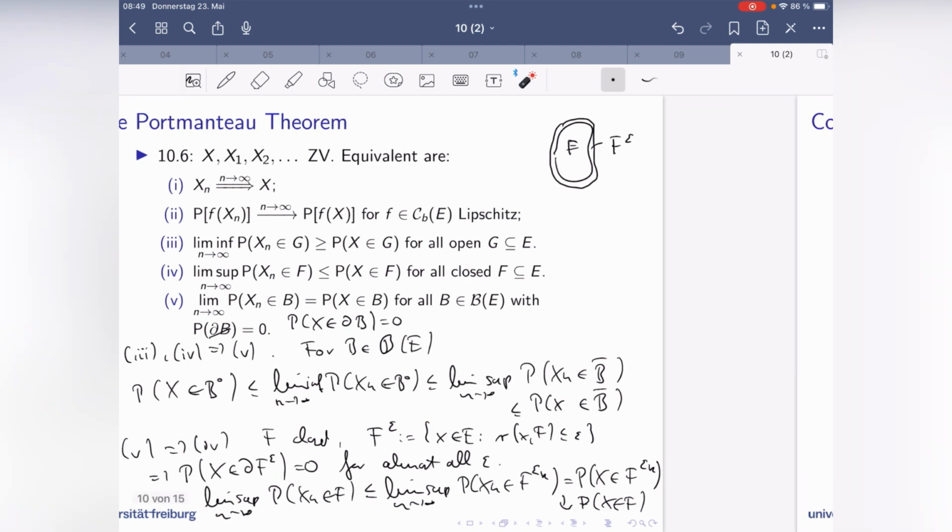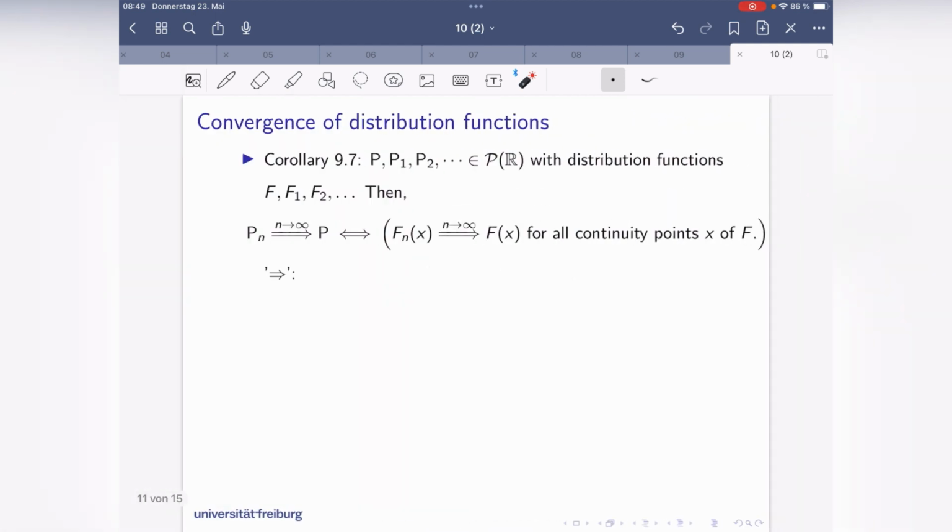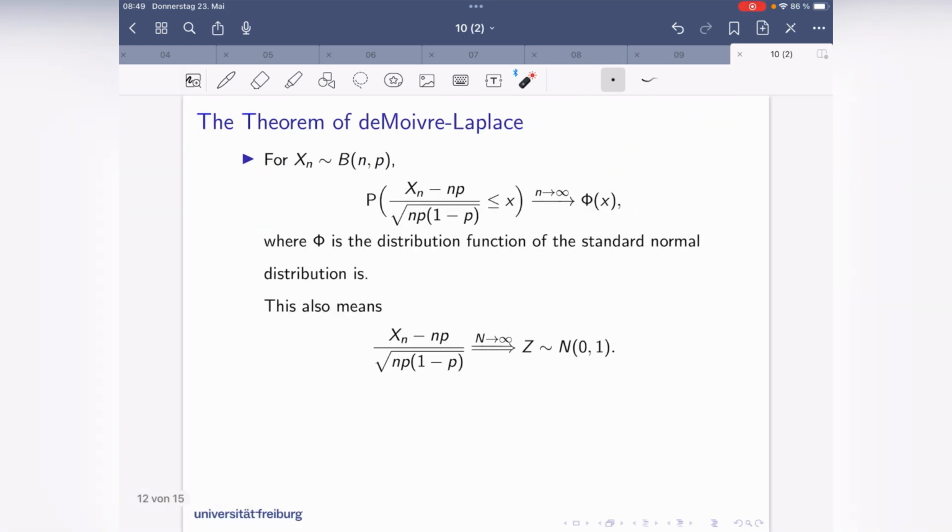So, what else? Convergence in distribution we had, and maybe I write it like here. Yeah, that's my motivation for the next result. So usually what you show in your basic probability course is the following.